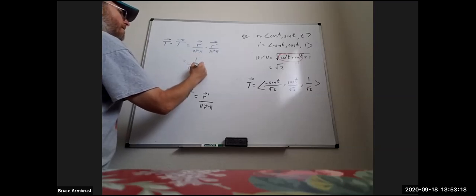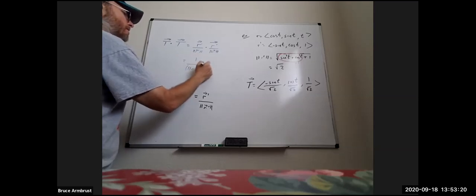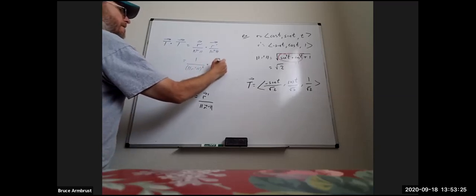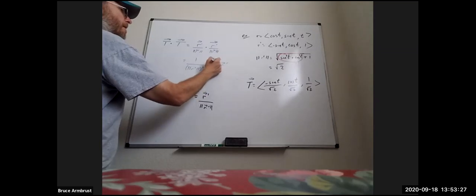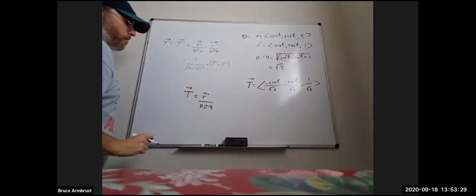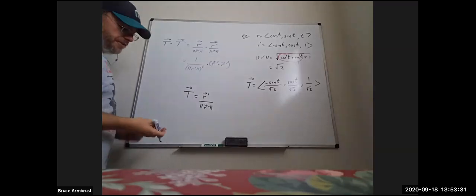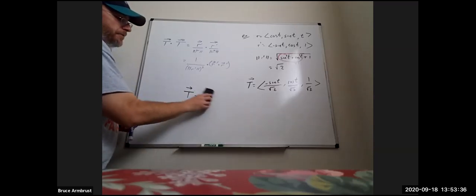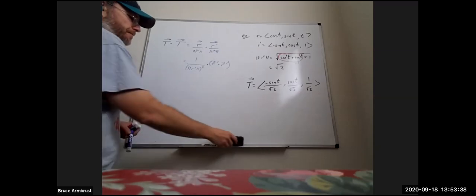So we're going to get 1 over the magnitude of r prime squared, times r prime dotted with r prime. I'm just using the definition of big T, and I'm taking big T and dotting it with itself.